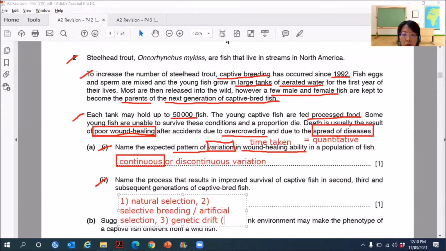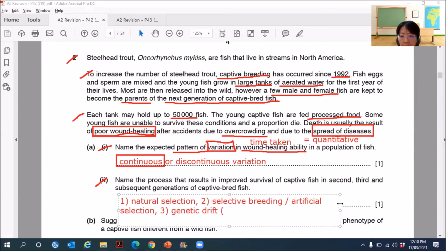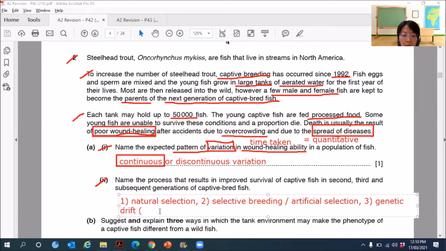Under genetic drift, we have the bottleneck effect and also the founder effect. So you have learned two of them, founder effect and bottleneck effect. These are the three processes in this chapter that can lead to change in the phenotype, the genotype, the gene pool of a population through time.